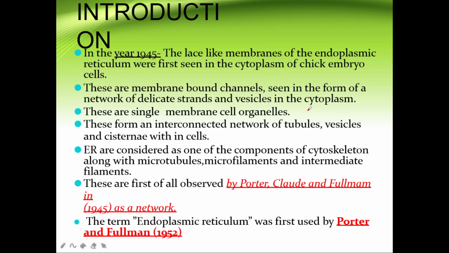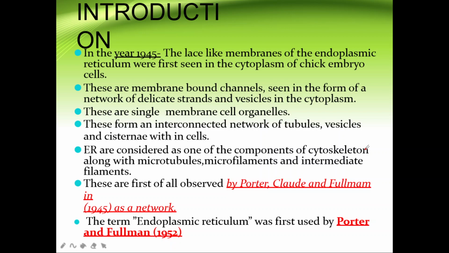These are single membrane cell organelles. These form an interconnected network of tubules, vesicles and cisternae within the cells. Endoplasmic reticulum is considered as one of the components of cytoskeleton.